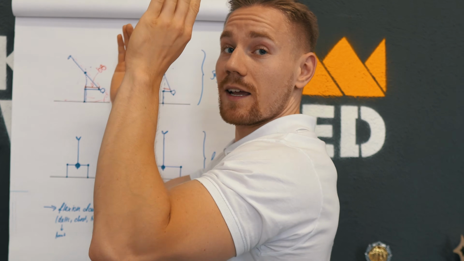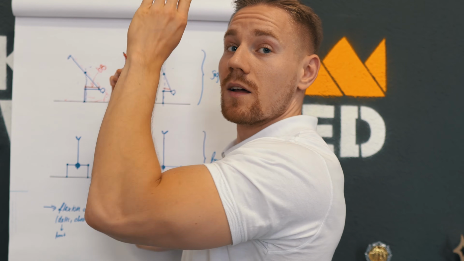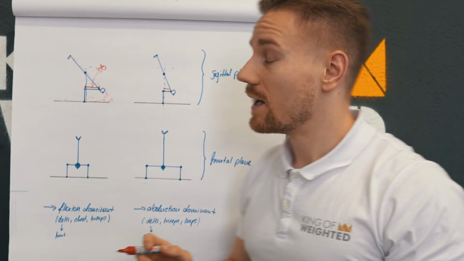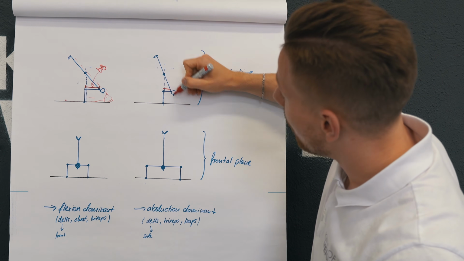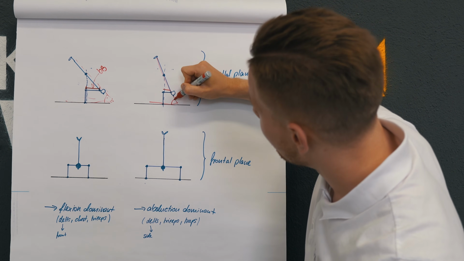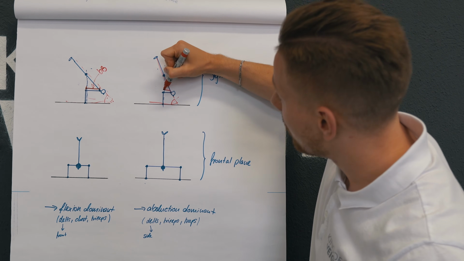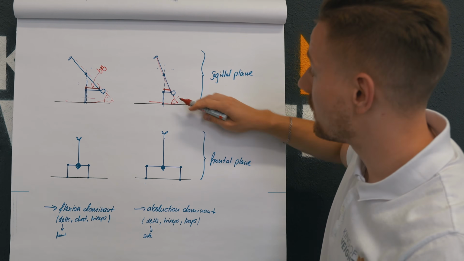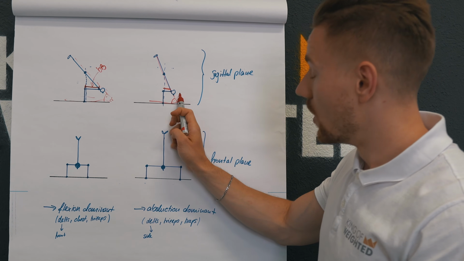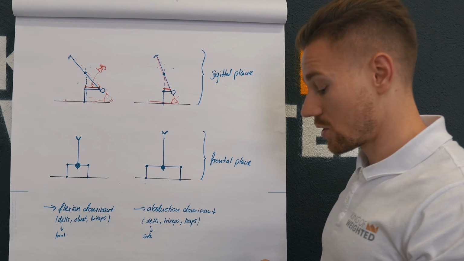And if I'm now taking a look from the side view, very, very long upper arm, moving the elbow to the side, you see it gets way shorter, and that leads to a more steep position here. So we are way more upright, this angle here, and we have less loading demands here on the front delt, because in the sagittal plane we have a smaller loading arm on the shoulder.